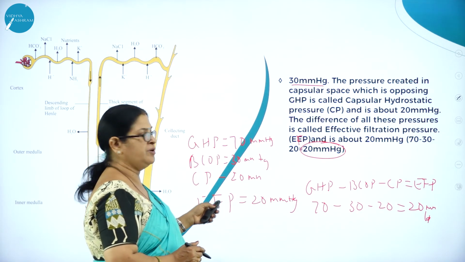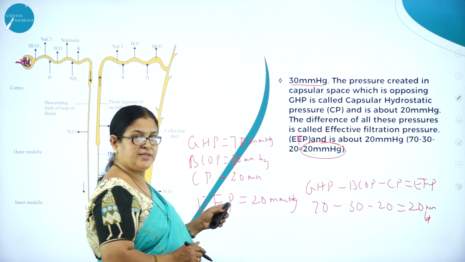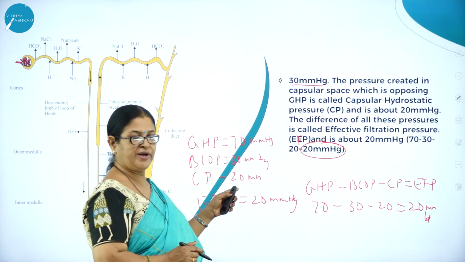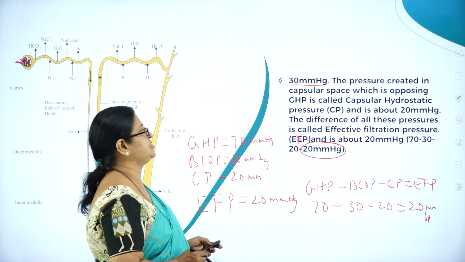So what is effective filtration pressure? GHP minus BCOP minus CP is equal to EFP, that is 70 minus 30 minus 20, equal to 20 mmHg.